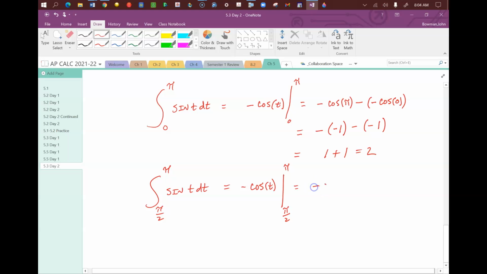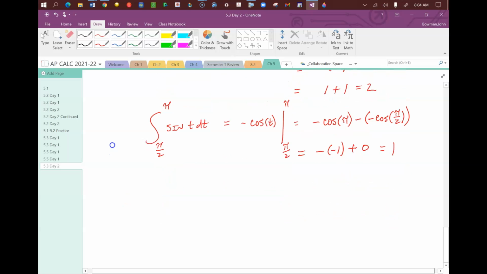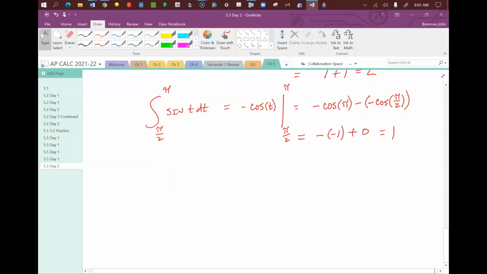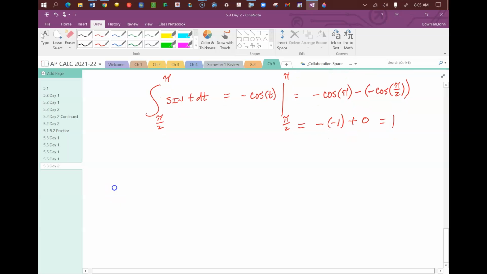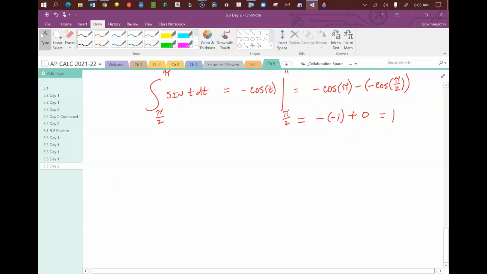So we have the opposite of the cosine of pi minus the opposite of the cosine of pi over 2, and that is going to be the opposite of -1 plus 0, or +1. So evaluating integrals becomes much easier now that we know this shortcut technique.